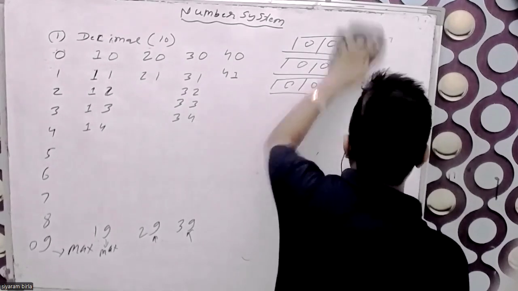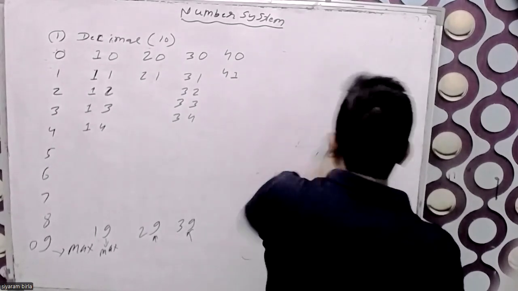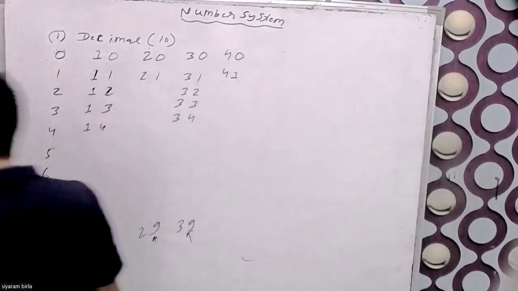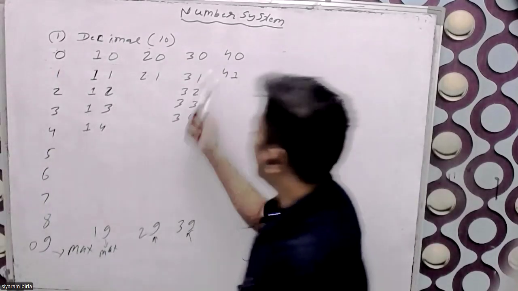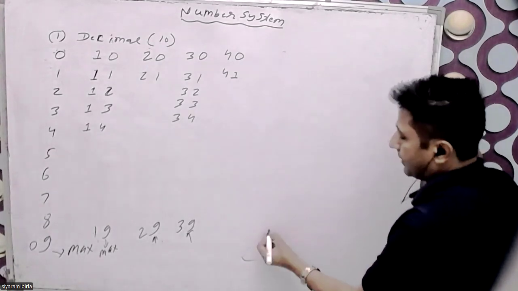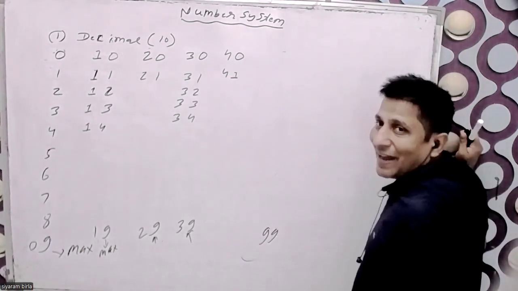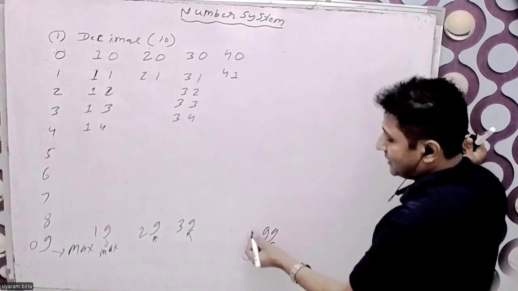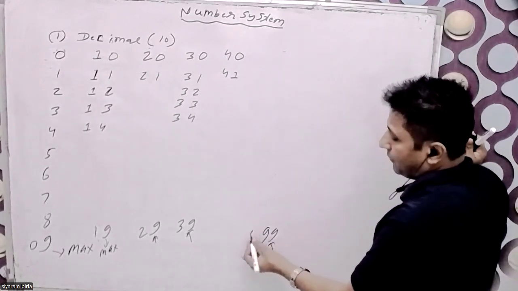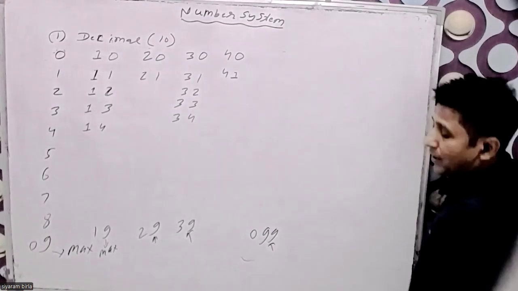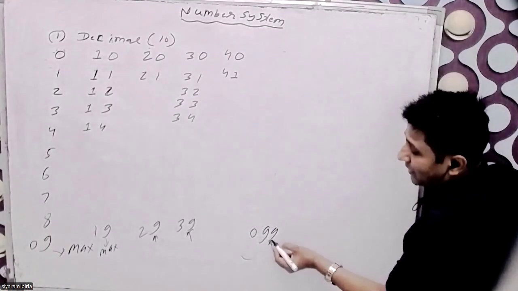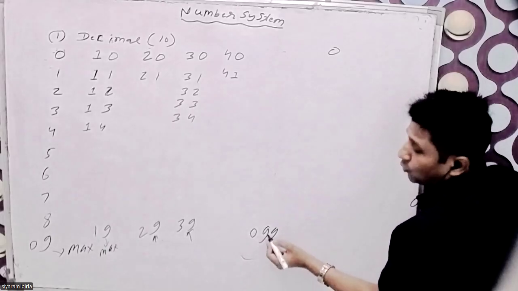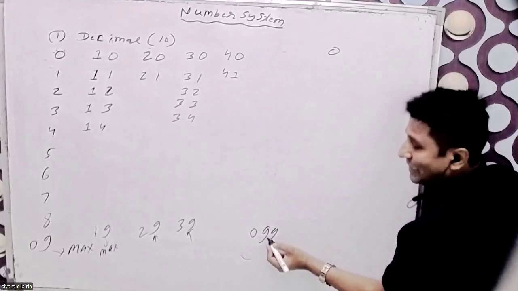It means first increase the least significant. If the least significant is not the maximum and can increase, that is good, and the most significant stays as it is. Like 99: suppose a 0 is written in front of 99. The last digit cannot increase, so it becomes 0. It tells the next digit, please increase by 1.